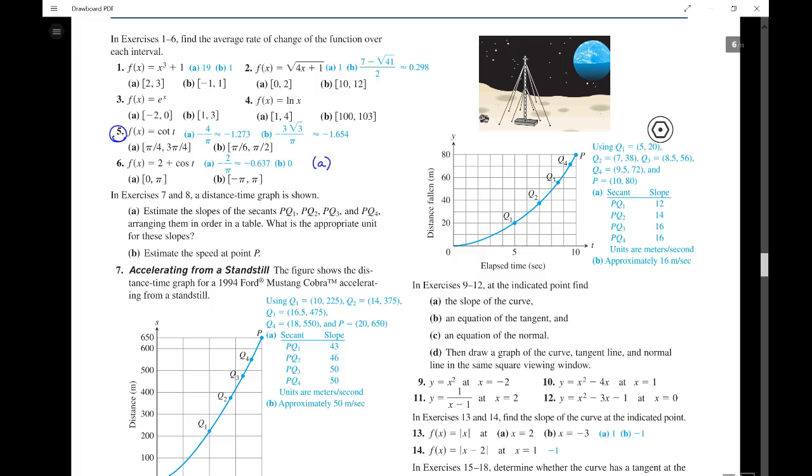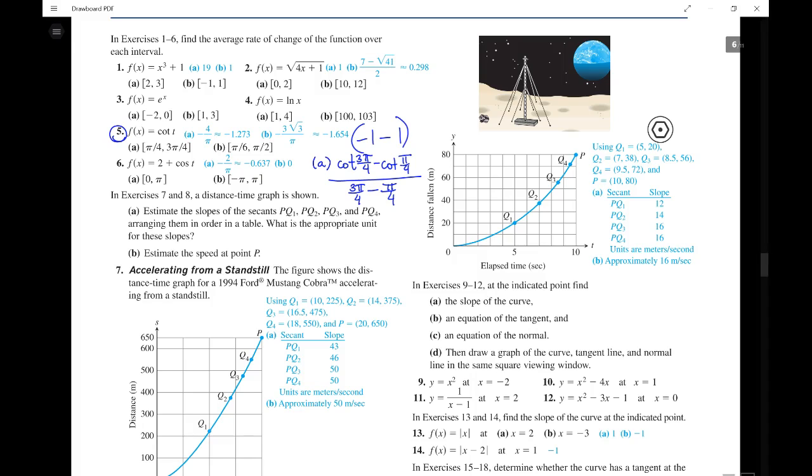So for part A, it's cotangent of 3 pi over 4, and then you plug this in for t, and you get that. What's cotangent of 3 pi over 4? Negative 1. What's cotangent of pi over 4? 1. Oh, this book has answers. Thank you, Miss Casey. Yes, it does. They're also right in front of you on the board. When you subtract, this is pi over 2.